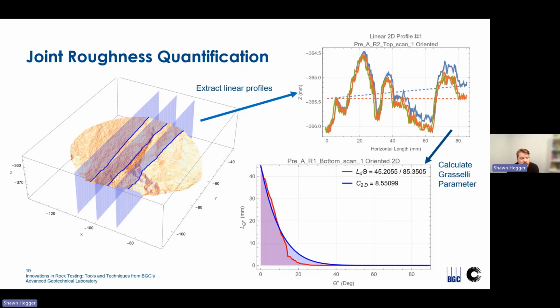Beyond calculating roughness from these scans, we're also looking at using the data for shear strength prediction. We're currently assessing existing strength criteria using our database of sample properties and test results to find a predictive strength model that utilizes easily measured inputs.